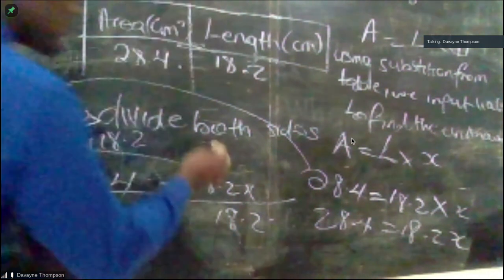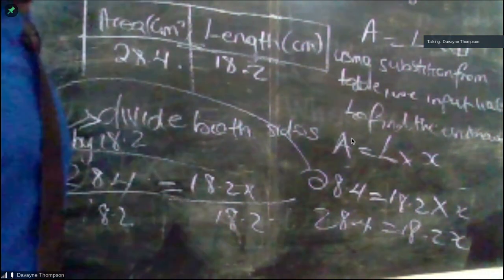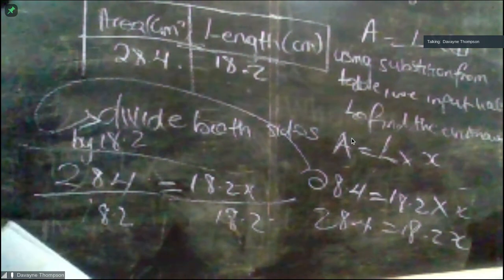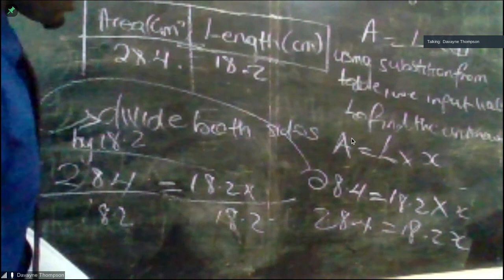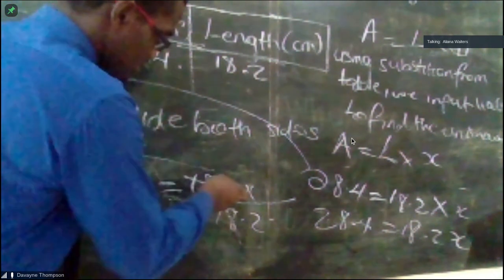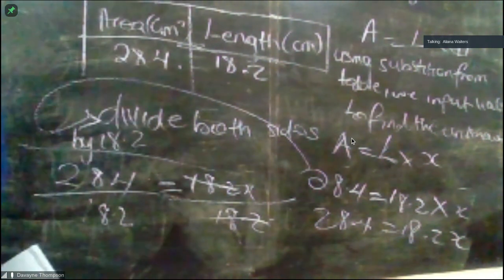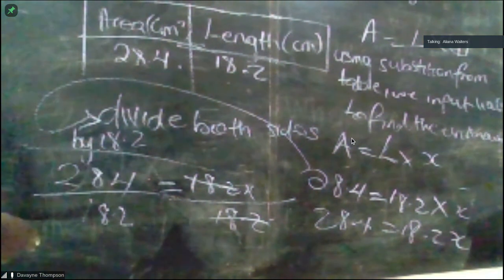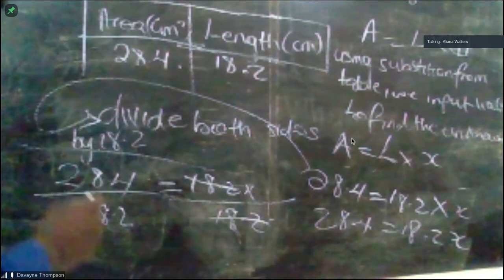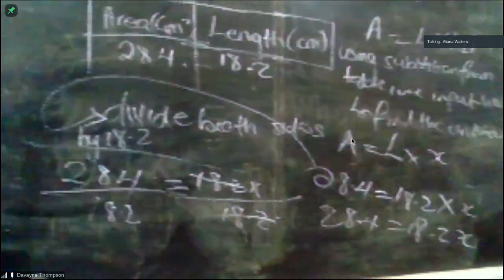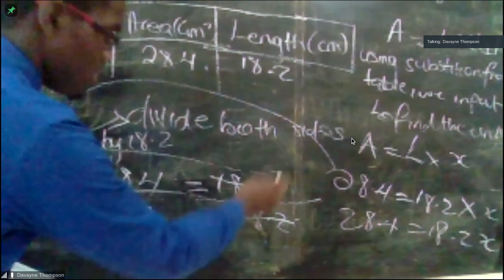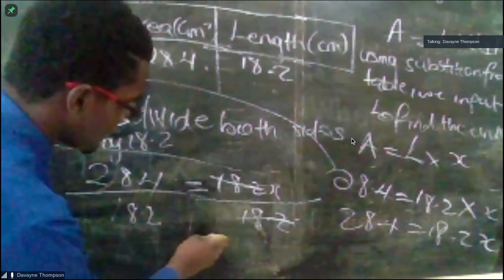What happens over here? 18.2 divided by 18.2, what does that give me, Aliana? 0. Not 0, but 1. Right. Good. Now this one is what you're going to solve for me. But before we solve it, let's rewrite what we have so far. We don't want to be confused. So we're going to say, therefore, all of this over here is just equal to X.